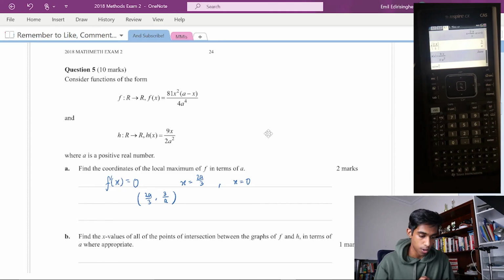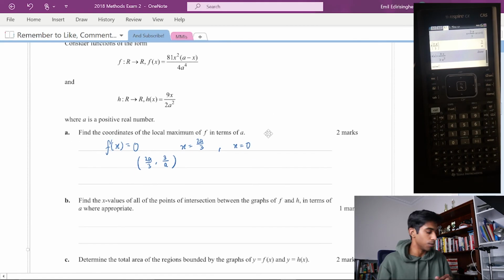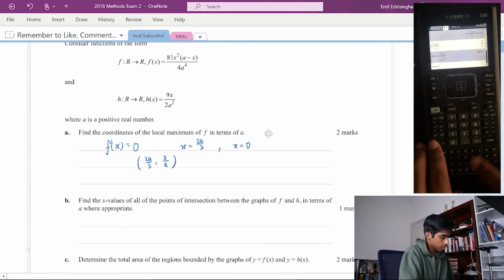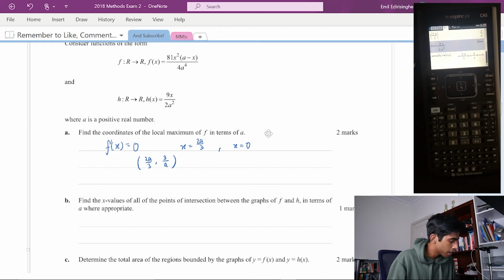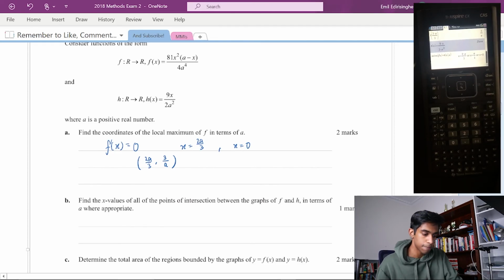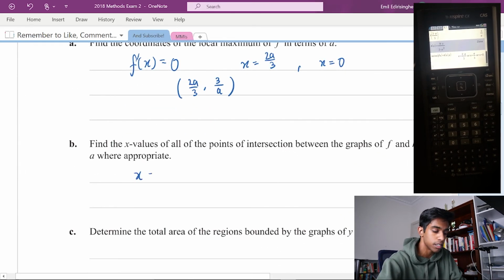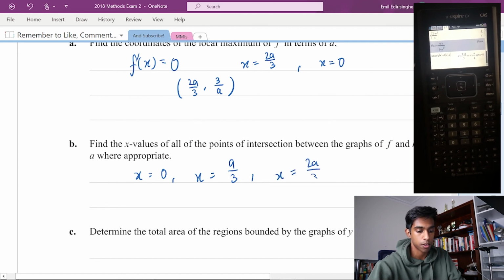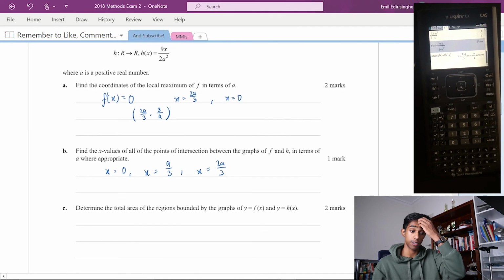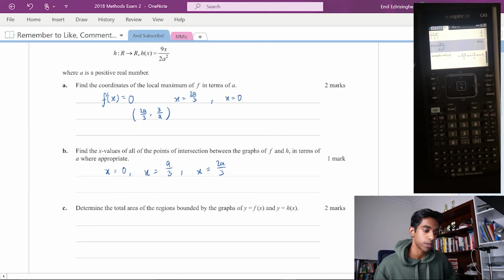Then we'll solve that for x, comma x. Then we get x equals 0, x equals a on 3, and x equals 2a on 3. Those are our 3 points of intersection, 3 x values.